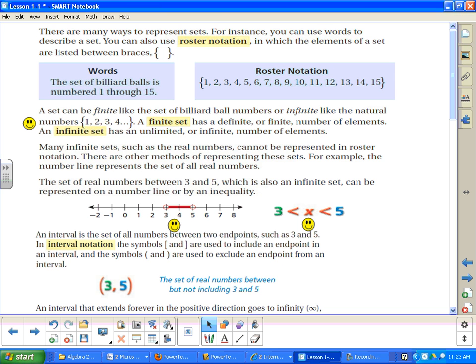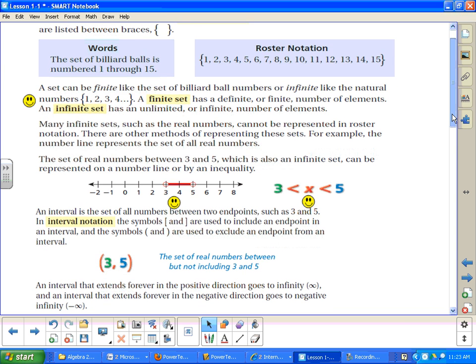Okay. So the numbers between 3 and 5, not including them. And we represent them in an inequality by saying just greater than and less than. Well, there's another way of representing numbers, and it's called interval notation. Interval notation uses either brackets or parentheses for the endpoints.